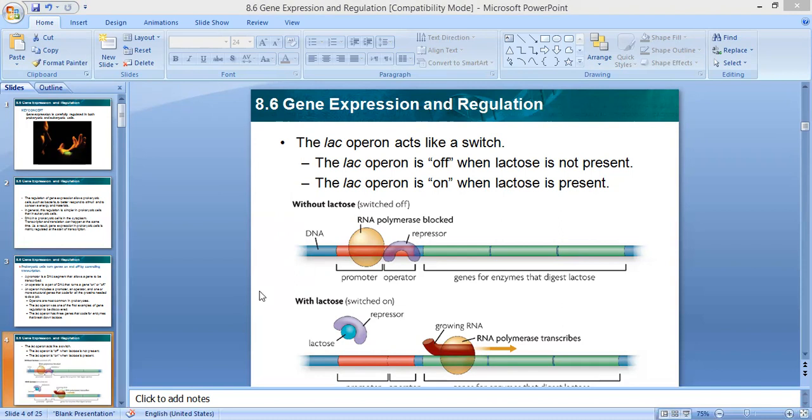No, bravo. If the cell doesn't have lactose inside it, no need to break lactose. So the lac operon is off. There is no transcription for making this protein. So when lactose is not present, the lac operon is off.